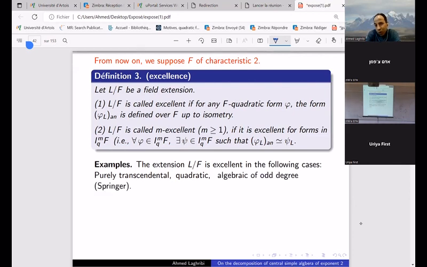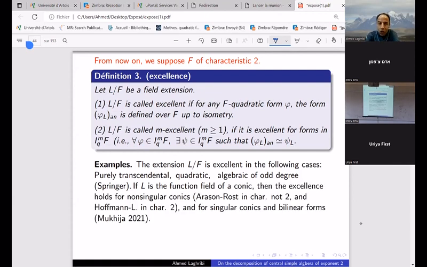Or where the extension is of odd degree, this is a consequence of a result of Springer. But I talk also about conics. Hoffman talks about conics, so I include conics. So L/F is the function field of a conic, okay?